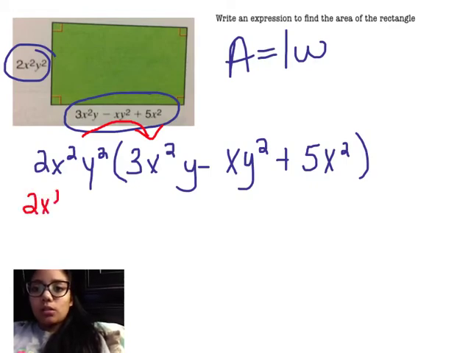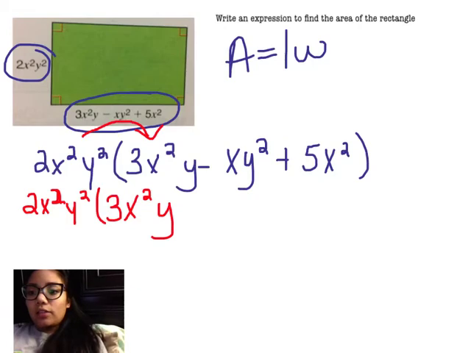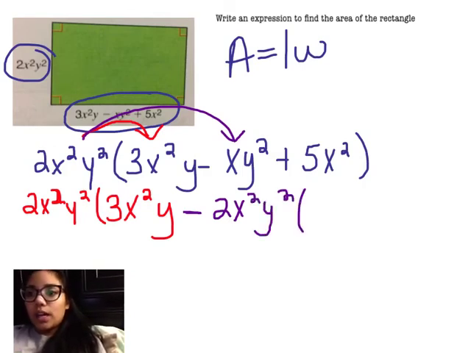2x squared y squared times 3x squared y, and those little things that look like L's or 1's are 2's. And then I have minus, I'm going to go ahead and use a different color, and I'm going to distribute again, 2x squared y squared times xy squared.